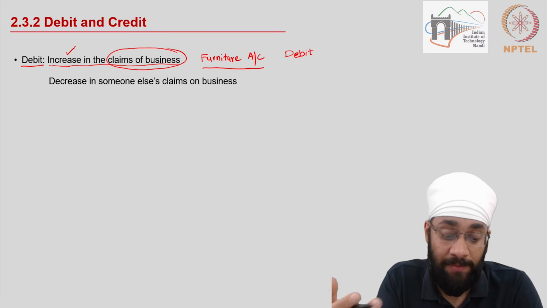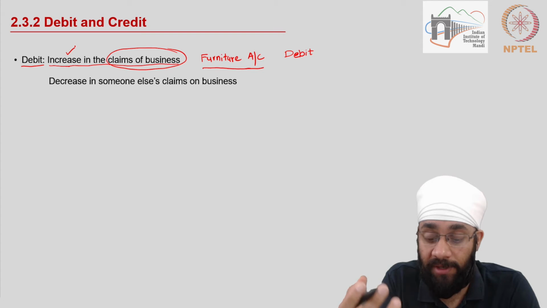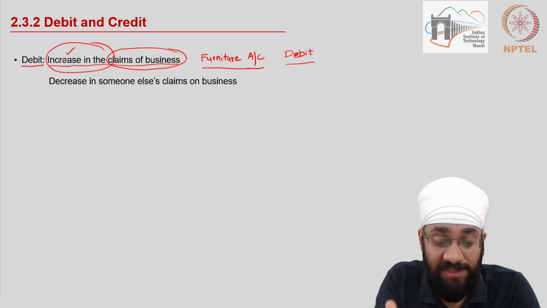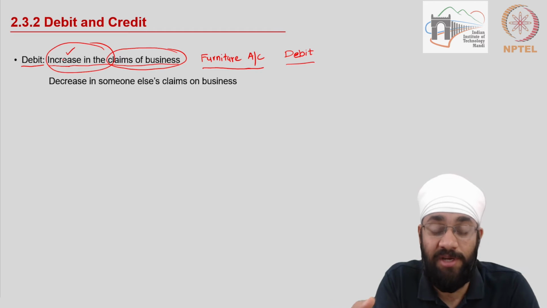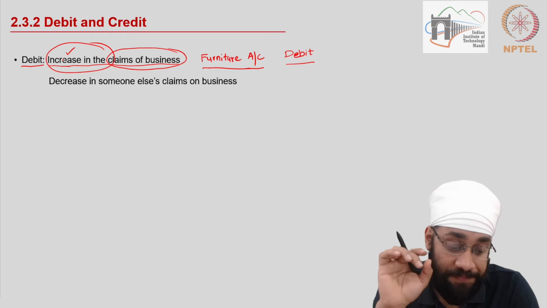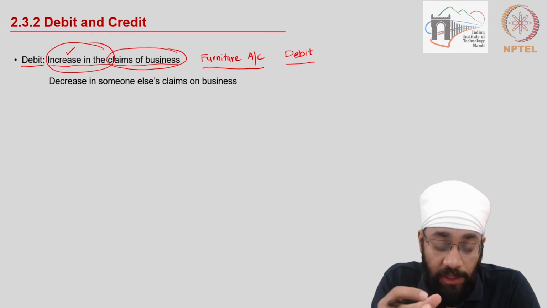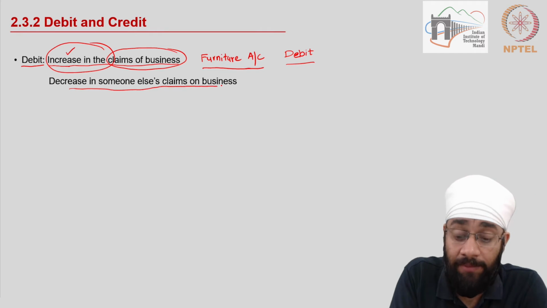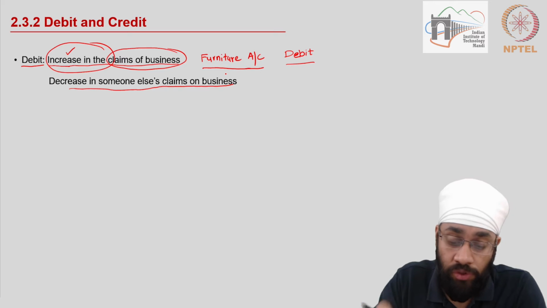That is what is meant by the word debit. The debit basically condenses this English sentence into one word. When you say debit, I know it means that the claim of business has gone up. Alternatively, you could also think about decrease in someone else's claim on the business, but I'll address this shortly.